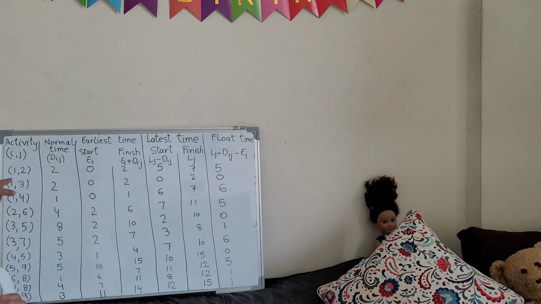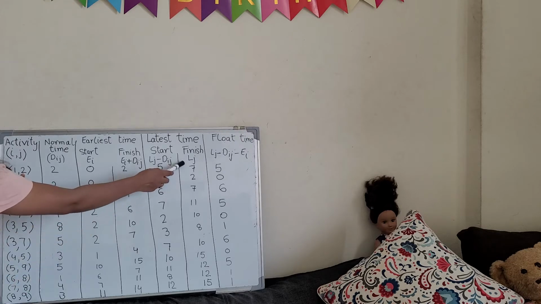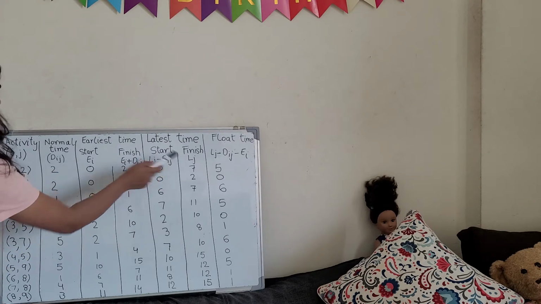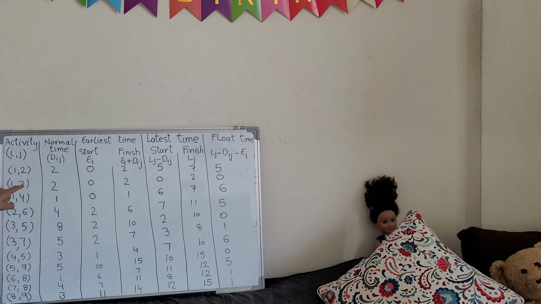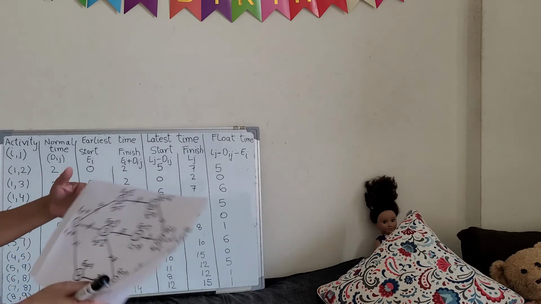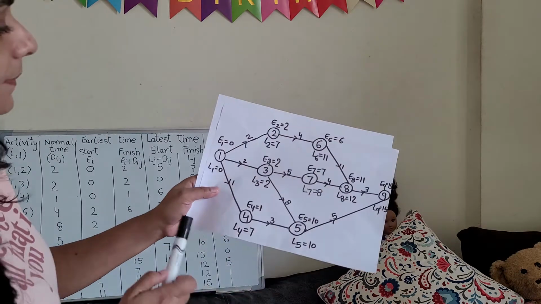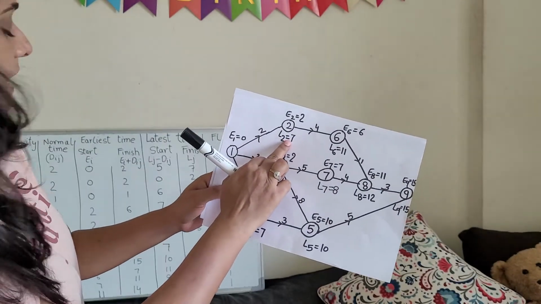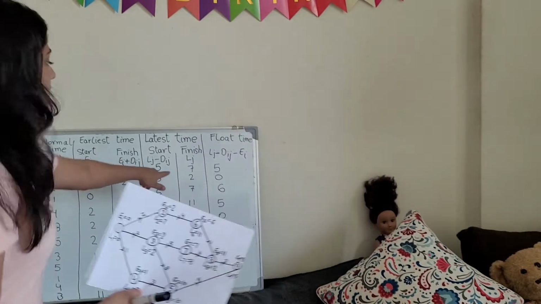So here we can see 1 and 2. This is start activity and this is last activity. And so here LJ means L2. Last activity is 2. So we will find out L2 value. L2 value for, check the diagram, L2, where is L2? This, L2 equals to 7. So we will write here 7.